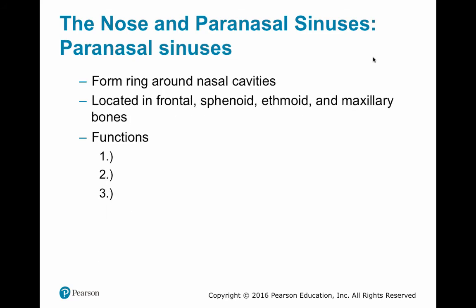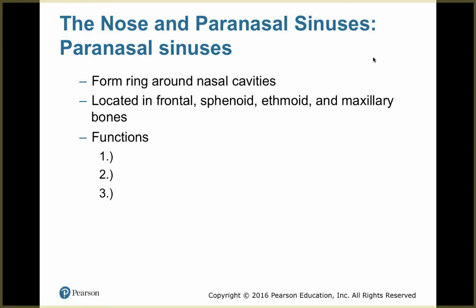Now, after this, you have the paranasal sinuses. These form these ring structures around the nasal cavity. They're located in the frontal, the sphenoid, the ethmoid, and the maxillary bones. And if you remember that back from last semester, they have three main functions. Because they're kind of these openings that are there, they help to lighten the skull, so it's not as heavy to carry around.